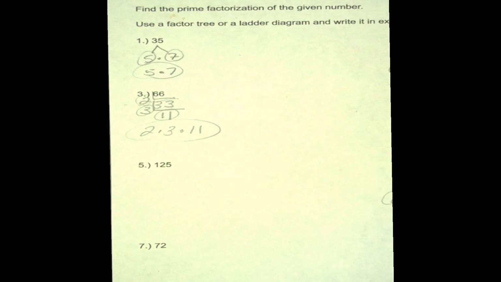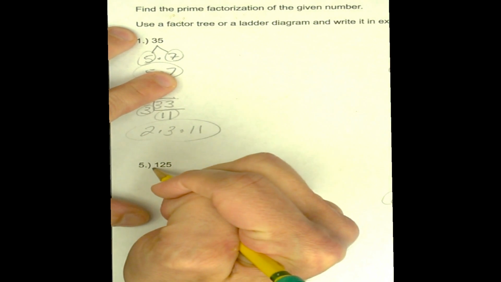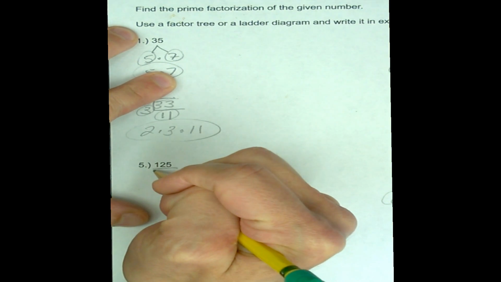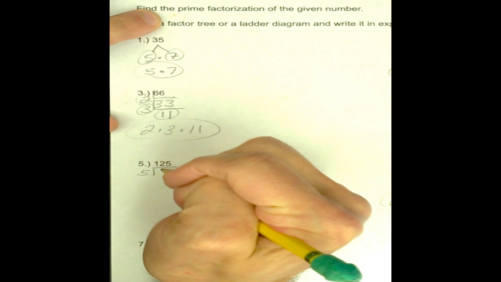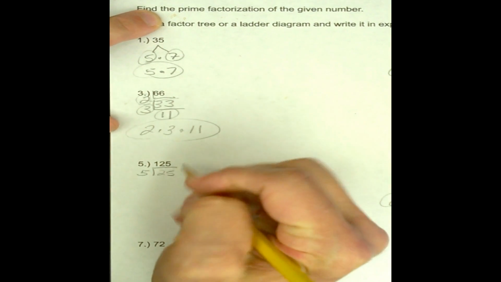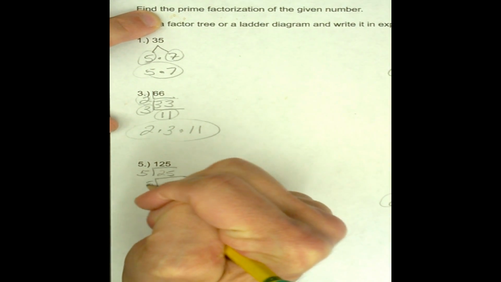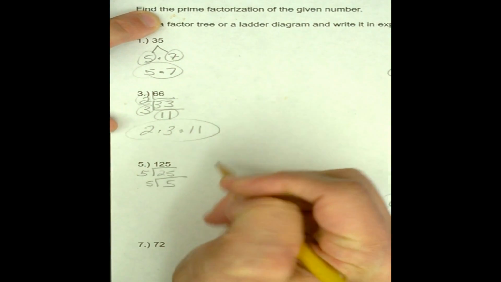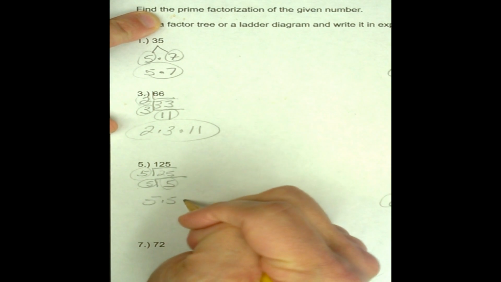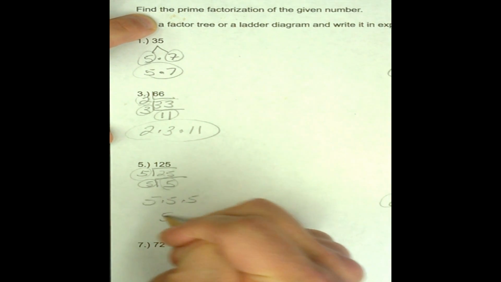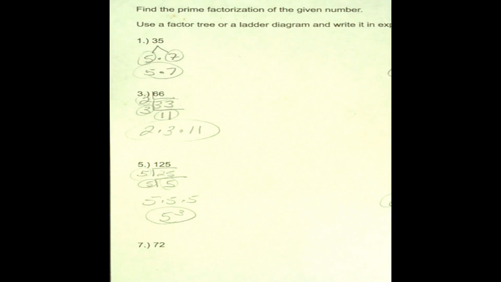Well, it ends in a 5. The divisibility rule says I can then divide it by 5. So 125 divided by 5 is 25. 25 divided by 5 is 5. They're all prime. 5 times 5 times 5, or 5 to the third power, or 5 cubed.